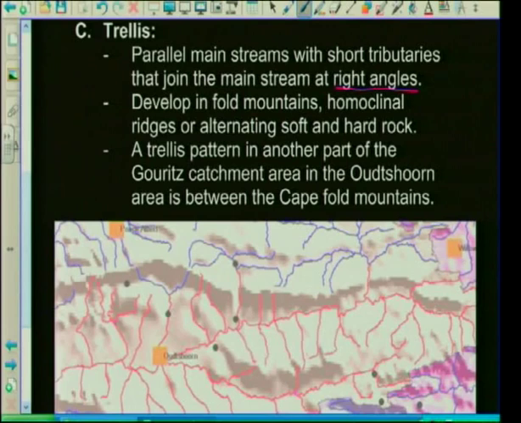The only difference is that in a trellis pattern, there will not be 90-degree angles within the actual tributaries. They develop in fold mountains and homoclinal ridges, and very importantly, what we're looking for here is alternating layers of hard and soft rock. Our rivers will erode the softer rock before they erode the hard rock.